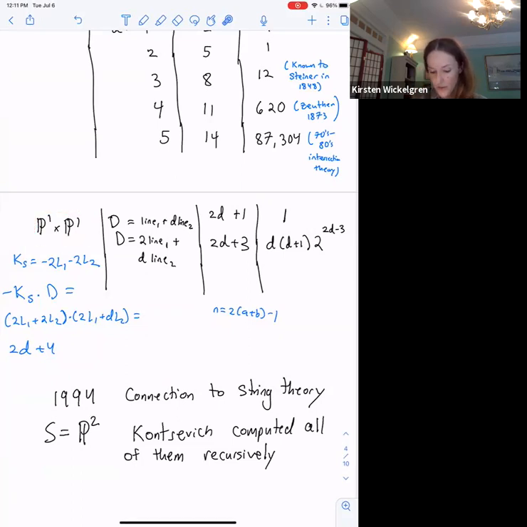There's the Picard group of P1 times P1. Then there's only one rational curve through 2D plus 1 points. And if you've got 2 times line 1 plus D times line 2, and ask that the curve interpolate through 2D plus 3 points, there are D times (D plus 1) times 2 to the 2D plus 3.